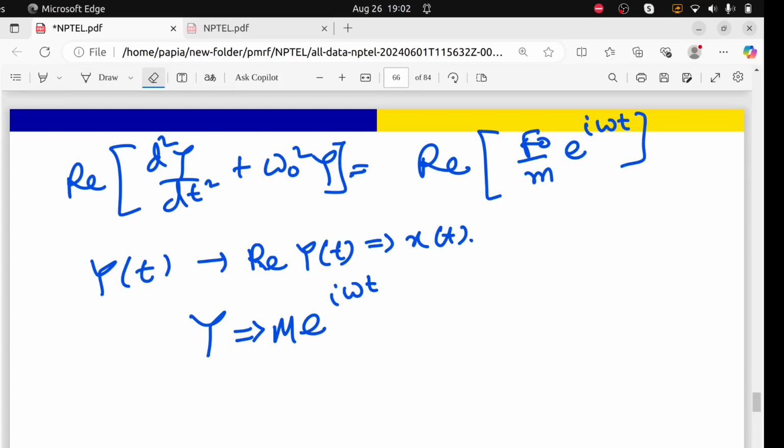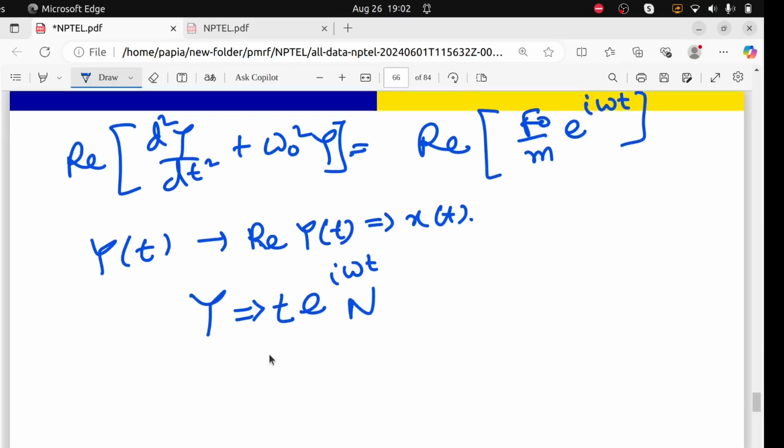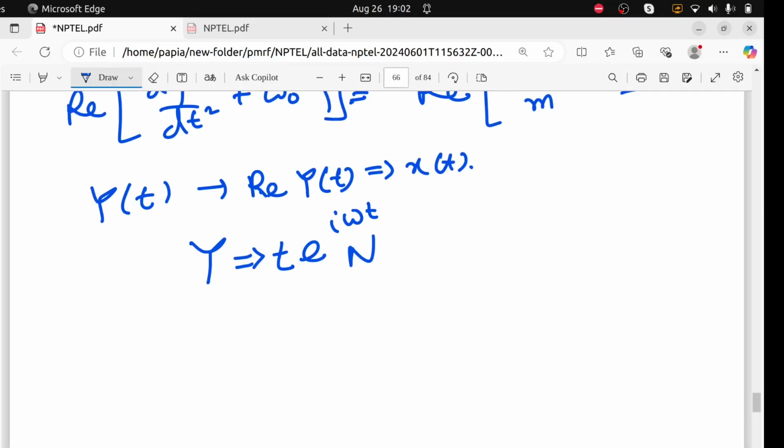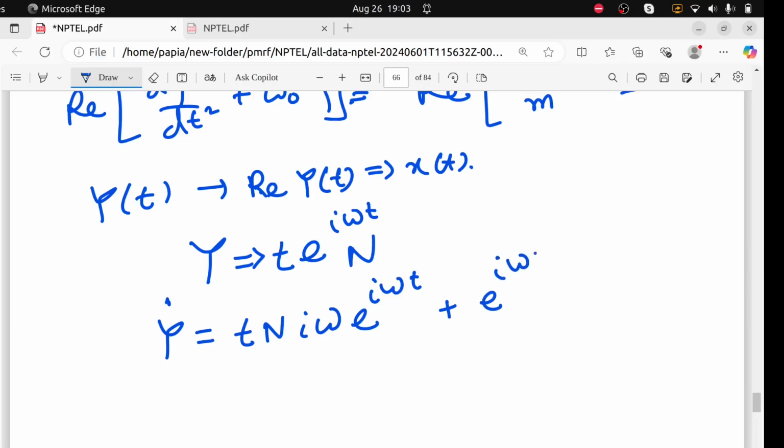So for that case I need to write y as t times e to the power i omega t times n. Why do I need to write this? Because it will blow up. So y dot is t n i omega e to the power i omega t plus e to the power i omega t n.